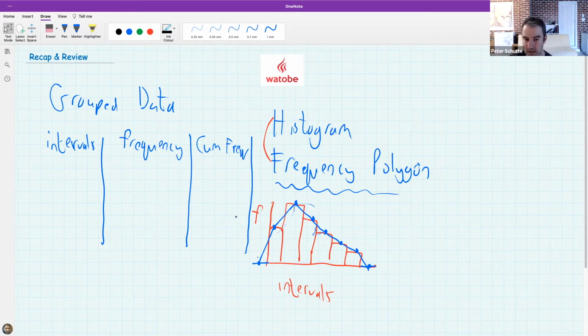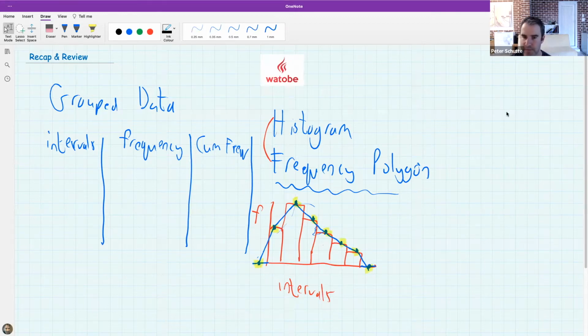You don't actually need a histogram. You just need something else. What do you think we have to draw a frequency polygon? What are the things I'm connecting? What are they called?